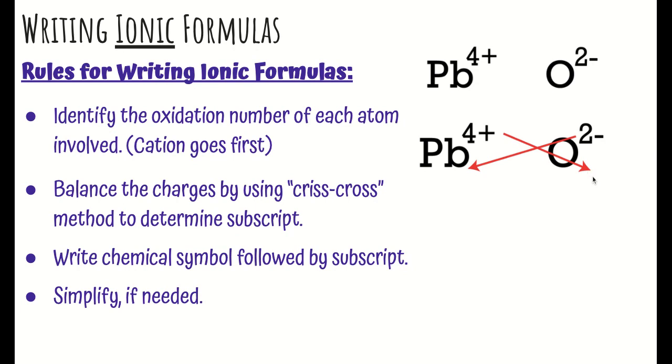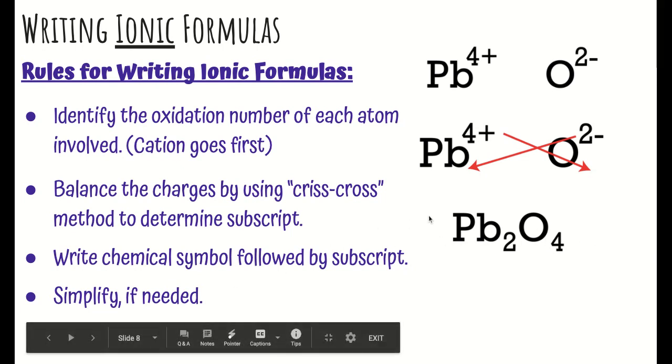When you move it over, it's representing an amount of atoms. And what that does is it balances it all out. So if we have this +4 charge, that means there's going to be 4 oxygens. And if we have this -2 charge, that means there's going to be 2 leads. So we'd write this out as Pb2O4. See how they kind of switch their spots there. There's no more positive and negative on it when it becomes a subscript.